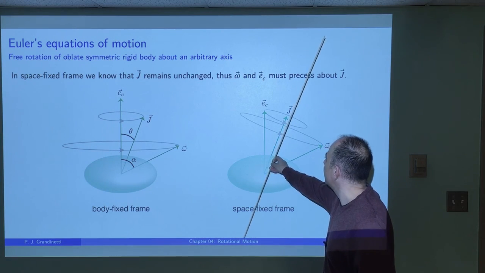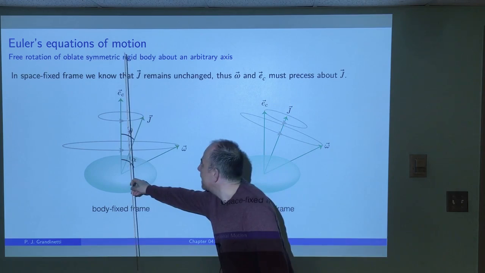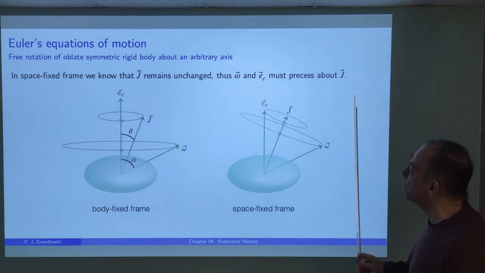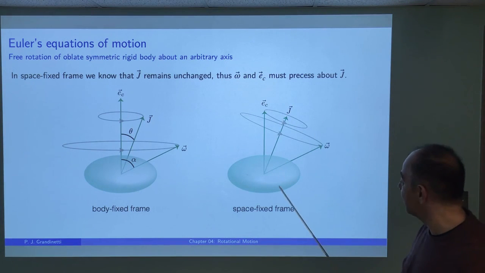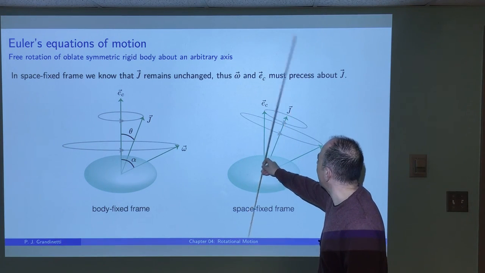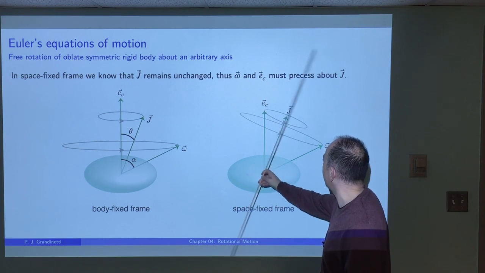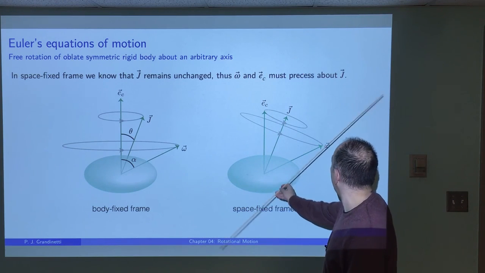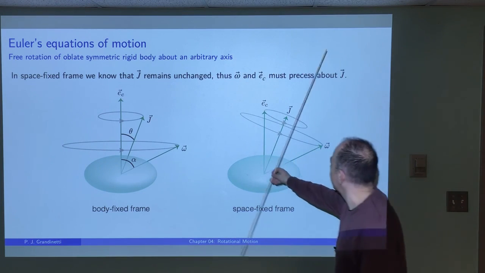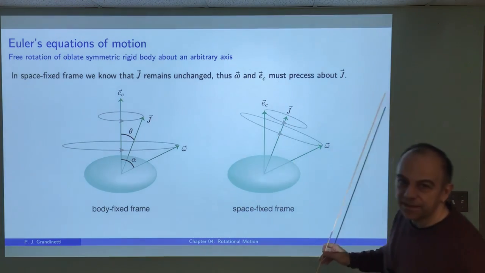So that means that the e_C vector, which is the unit vector along the C direction, is going to become time dependent in the space fixed frame. So J will remain constant, and for J to remain constant, e_C will start to precess around J. And again, omega will also precess around J because that's the time independent quantity in the space fixed frame.